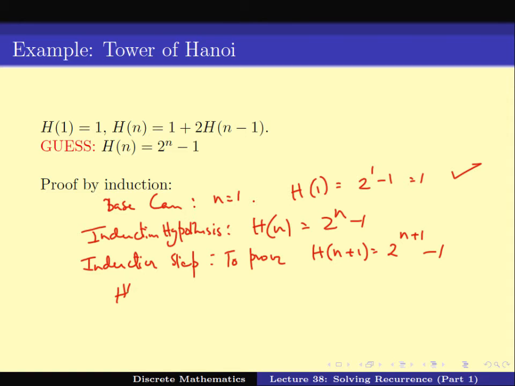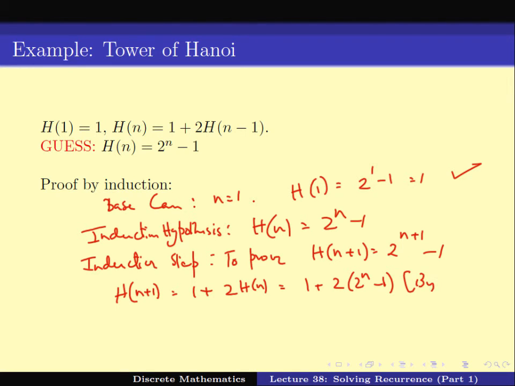Now let's see. h of n plus 1, by what is given, is 2 times hn plus 1, which is 1 plus 2 times 2 power n minus 1.